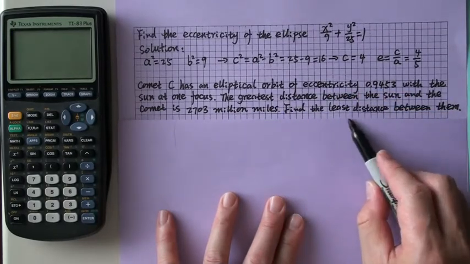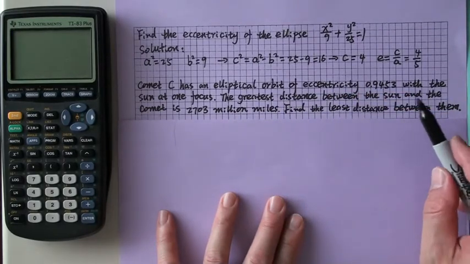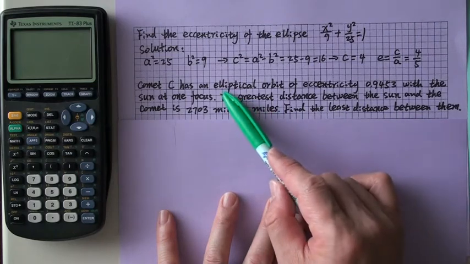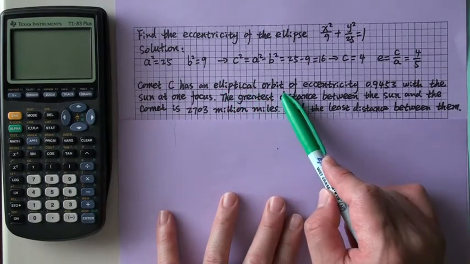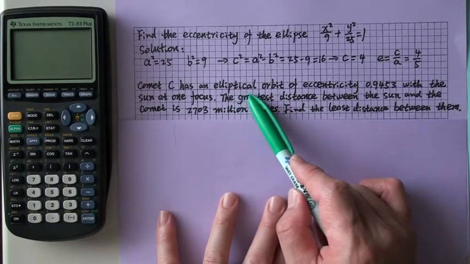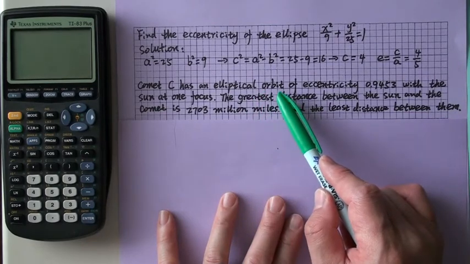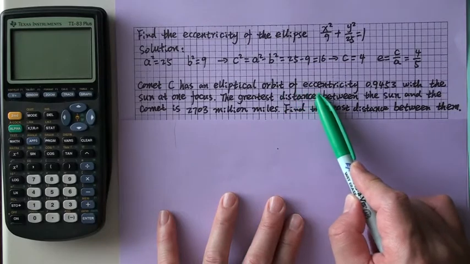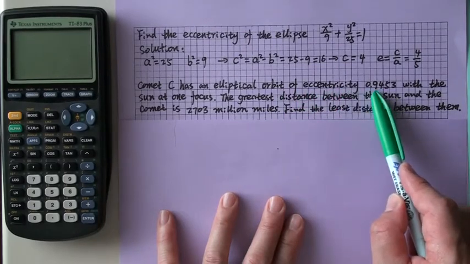And then we want to find the least distance between them. We know this is an elliptical orbit, and the eccentricity is the one right here.